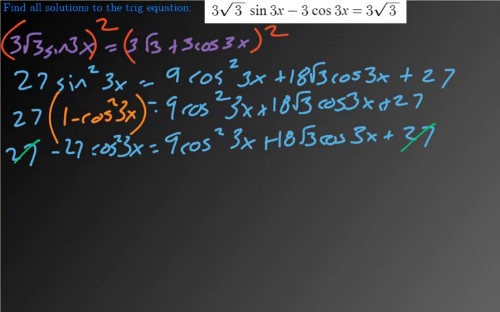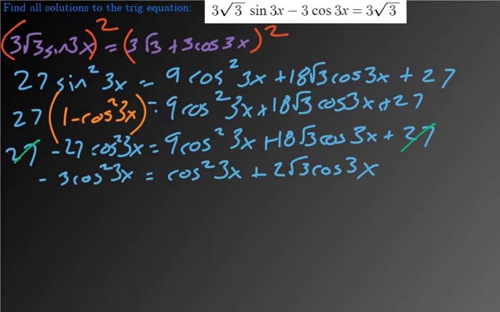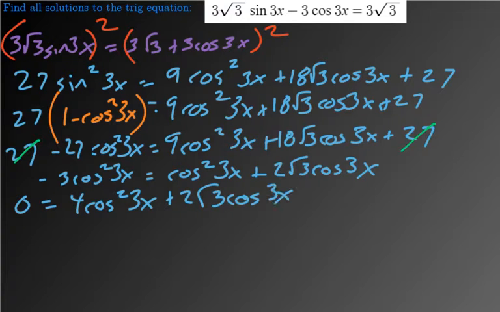But then you can go ahead and just divide everything by 9, and so we'll get the following. And then it makes sense to move everything to one side. So if I move 3 cosine squared 3x over, I'll have 4 cosine squared 3x on that side, and then I have 2 root 3 cosine 3x.